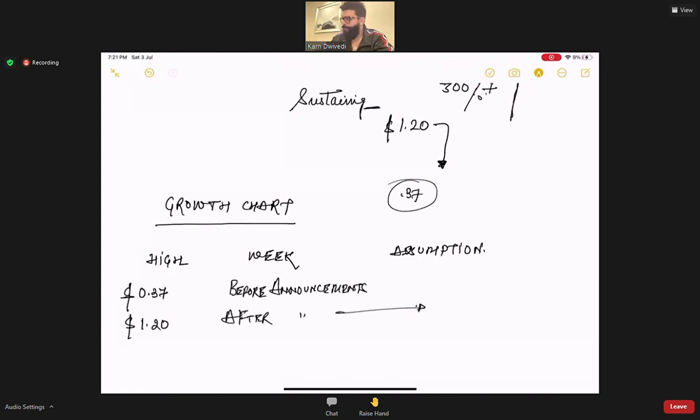If we take out the percentage, 1.20 divided by 37 multiplied by 100. Okay, now I'll go very slow.